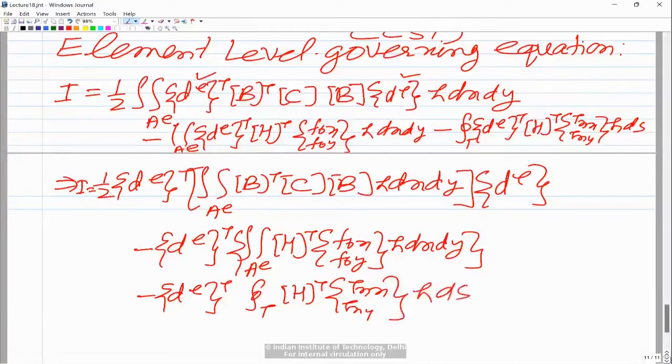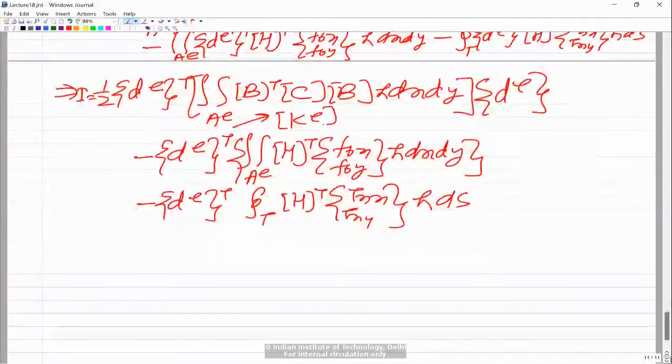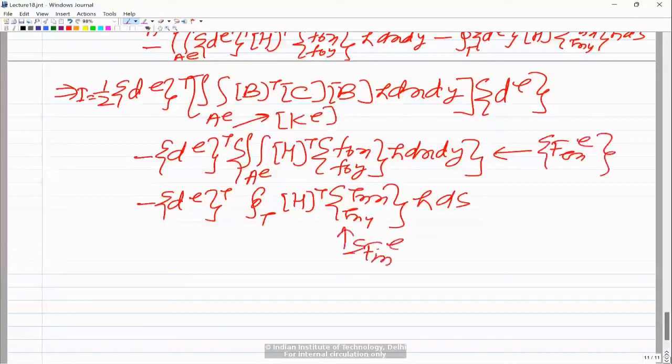So this is your I, and now this we call the element level stiffness matrix Ke. This one we call the external load vector F external for the element, and this one we call the internal load vector F internal for the element.